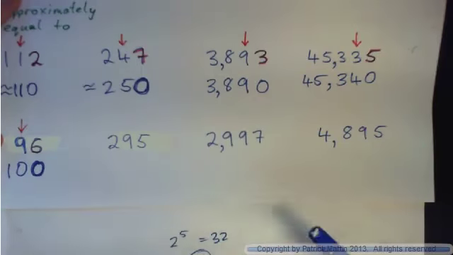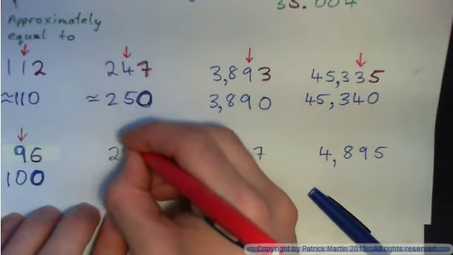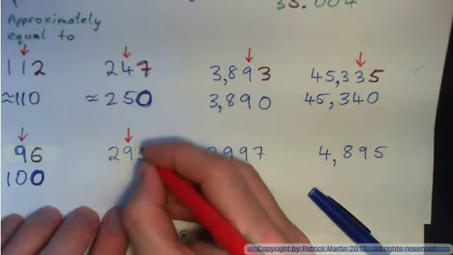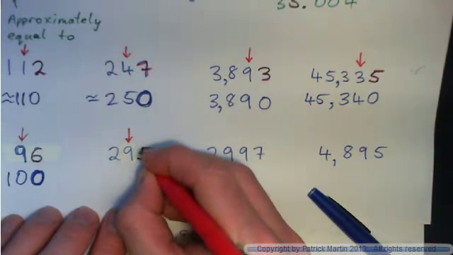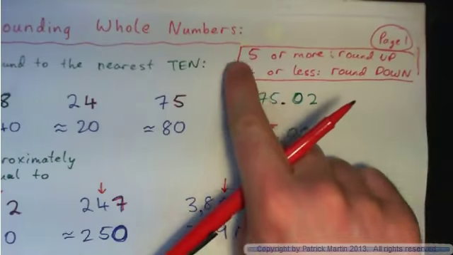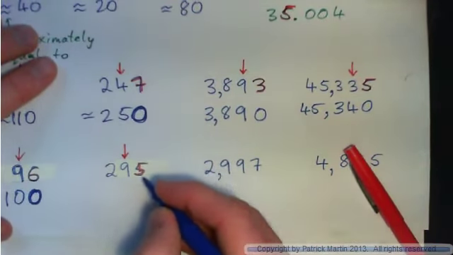Okay, 295. Round this guy to the nearest 10. Do it by yourself. Try and do it before I do. Round it to the nearest 10, what did you get? This is the 10 spot. We want to round to this place. Now in the units place we have 5. So do we round up or down? If it's 5 or more, we round up, right? So we round this guy up.